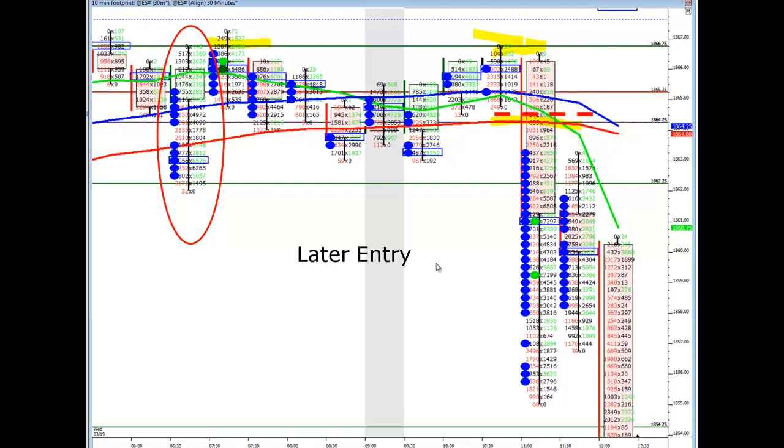Now, it's always very interesting also to see when you get big clusters of volume like this followed by very light volume, and you see that there's a huge drop takes place when that happens. When that happens, that's telling you that really the buyers have walked away, and they've basically let the sellers have their way.